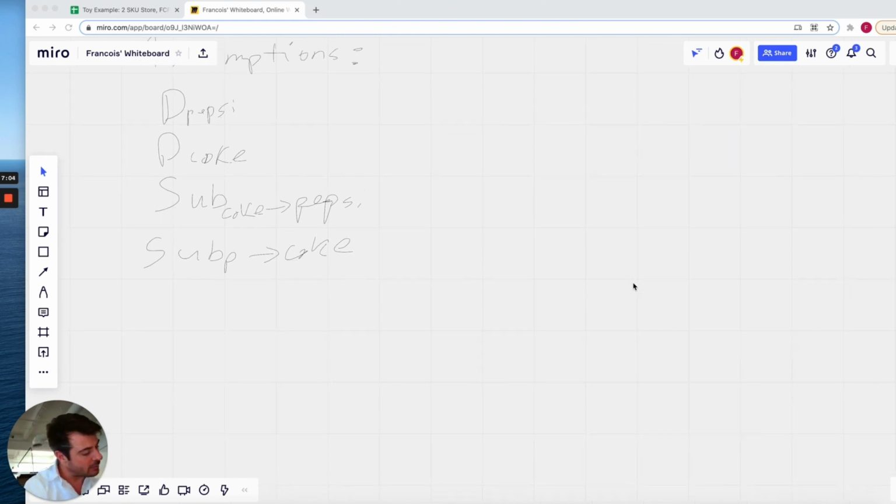The price, obviously, we're going to treat that as an input, and the cost of each SKU. So let's do this for Coke and Pepsi. The price of Pepsi, cost of Pepsi, COGS, how much we have to actually pay Pepsi for the SKU, price of Coke, the cost of Coke.